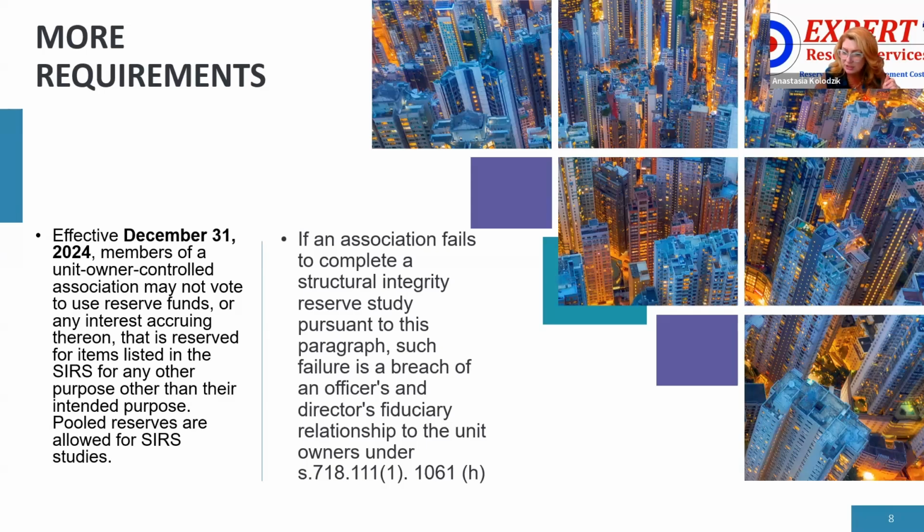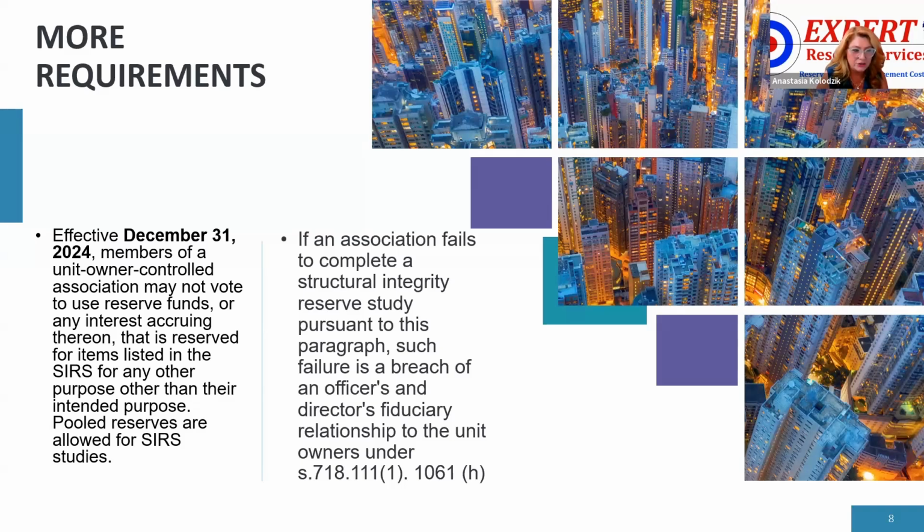Somebody says to clarify, traditional HOAs with single family homes are not required to have a SIRS. Correct. Yes, that is correct. If you have single family homes in an HOA, of course, HOA is under 720. This is all about 718. But the HOAs are not required to have an SIRS, even the ones that are 2-story and 3-story townhomes.